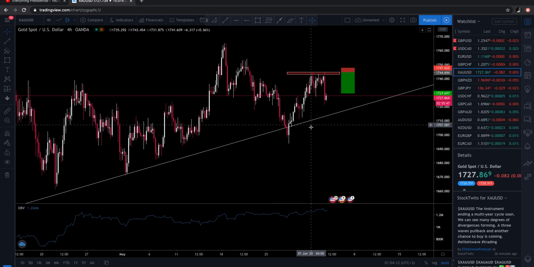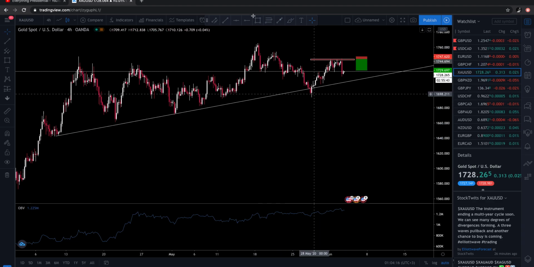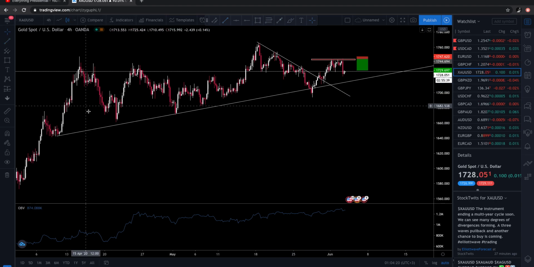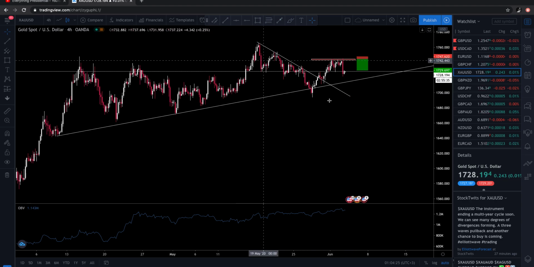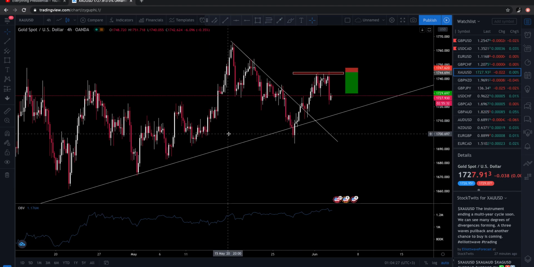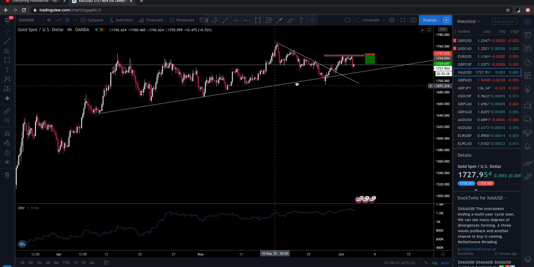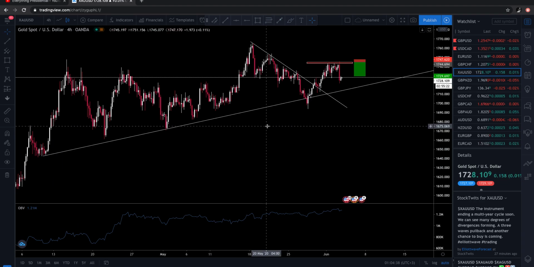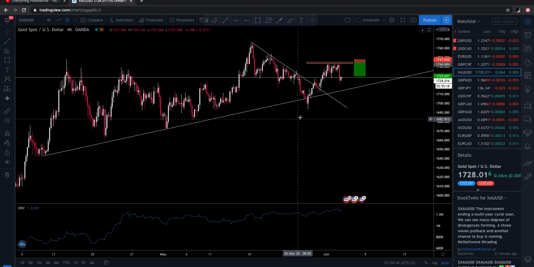The reason I called this out is because I saw that gold was in a downtrend, a small downtrend at the end of this uptrend, and the price was approaching this major trend line. As you can see, we are on the 4-hour time frame, so there was a very high chance that the market was going to respect this trend line, which it did.